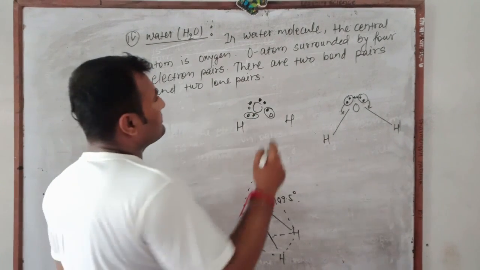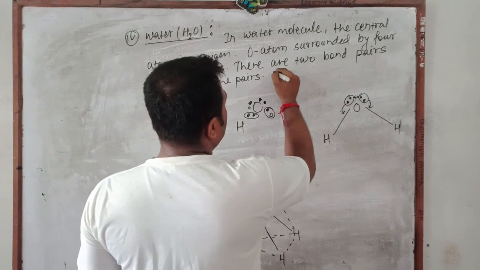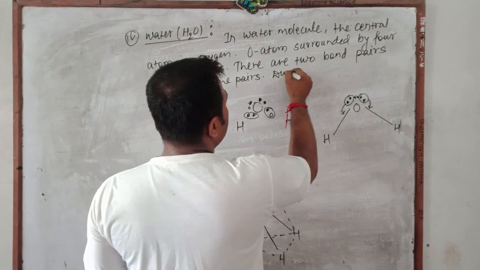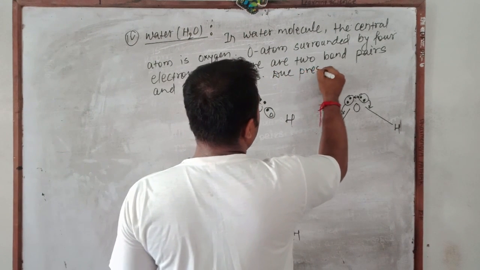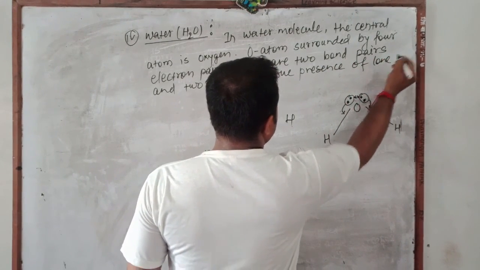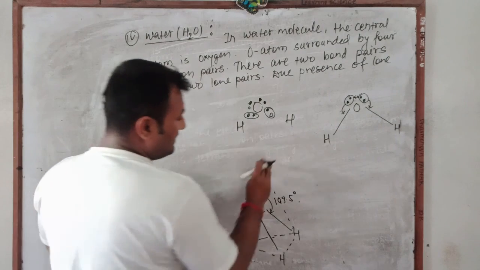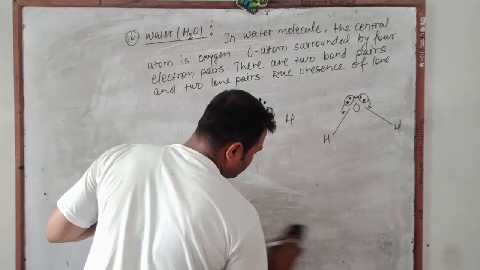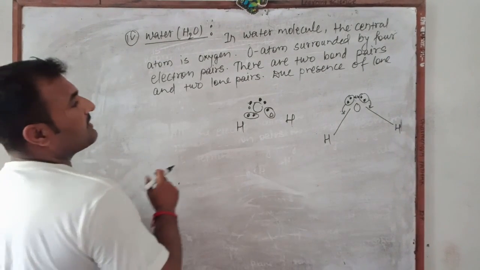Due to the presence of lone pairs, the actual bond angle decreases to less than the tetrahedral angle.